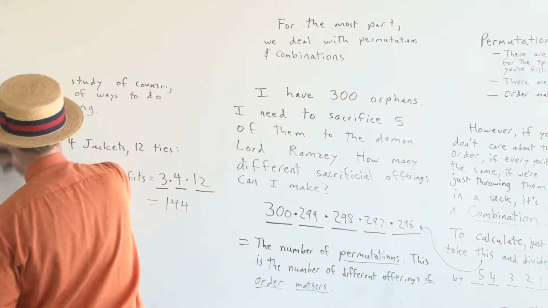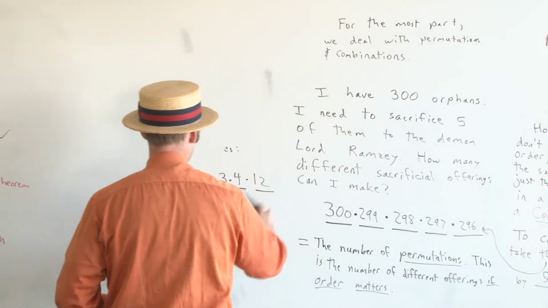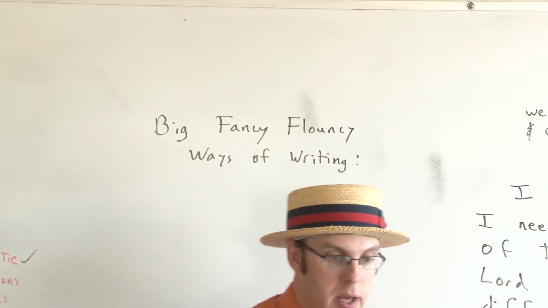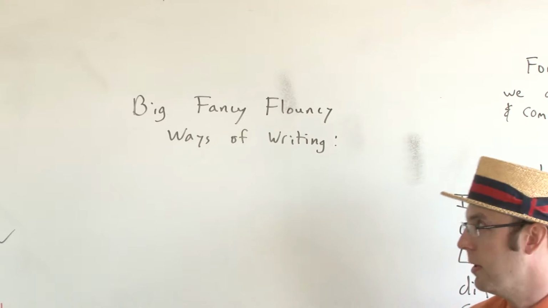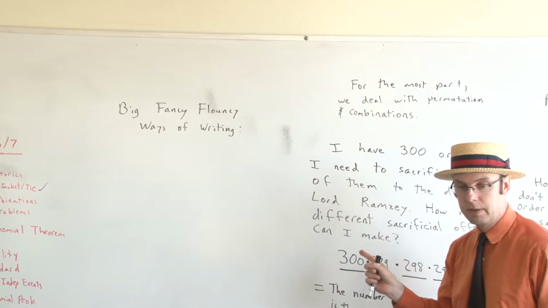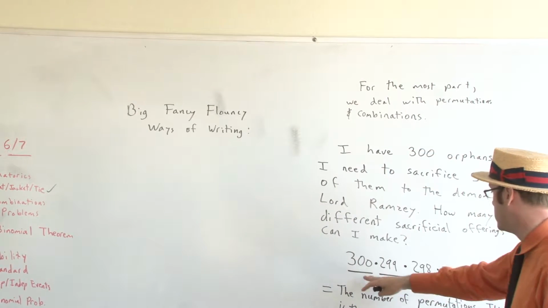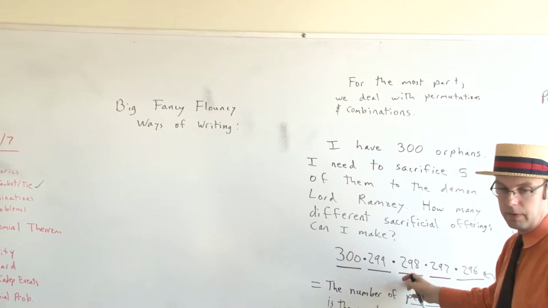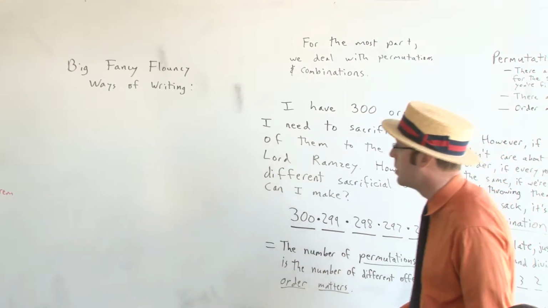Now, we have big fancy ways of writing these, which look super cool on paper and make people think you're important. So how we would write this permutation if each position was different. If this was first sacrifice, second sacrifice, third sacrifice, and so on.